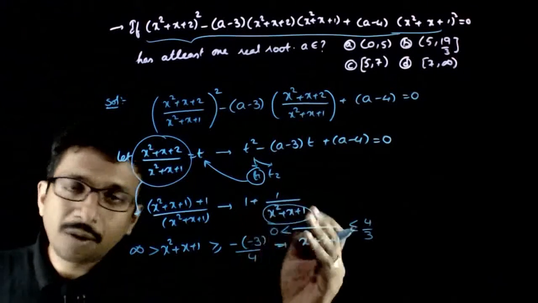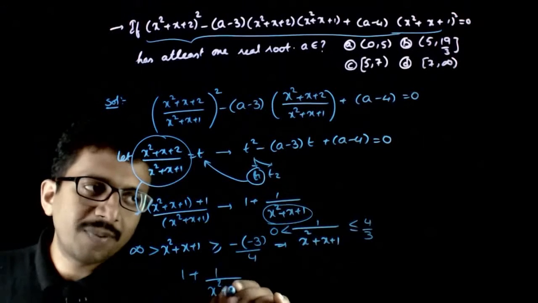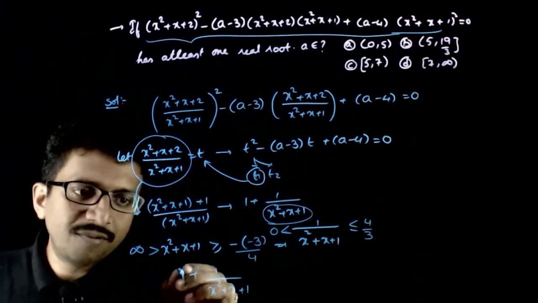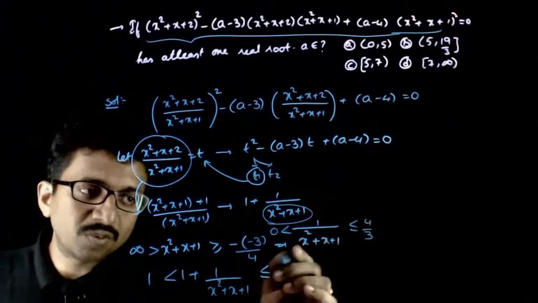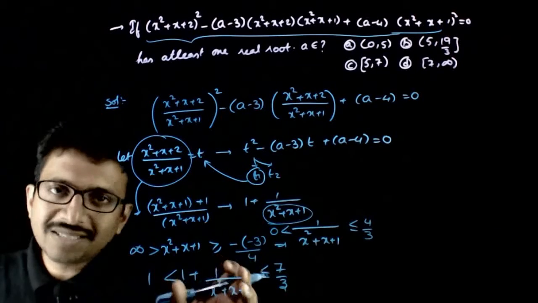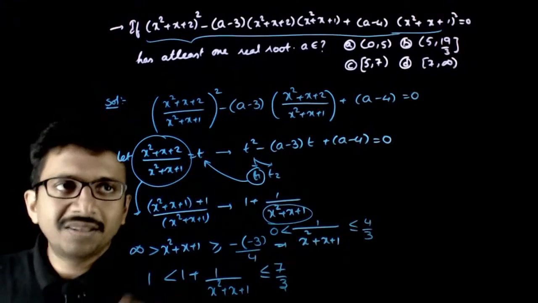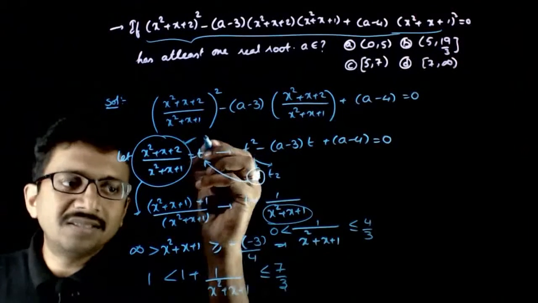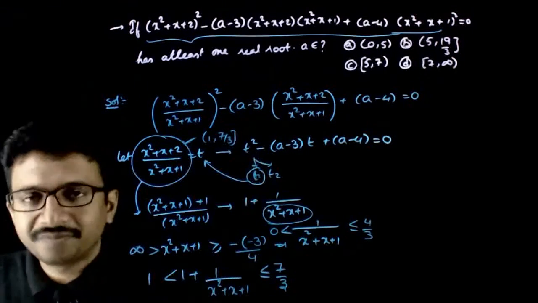If I add 1 on both sides, then 1 + 1/(x² + x + 1) will lie between 1 and 4/3 + 1, which is 7/3. So this expression always lies between 1 and 7/3. That means the range of this is open at 1 and closed at 7/3.